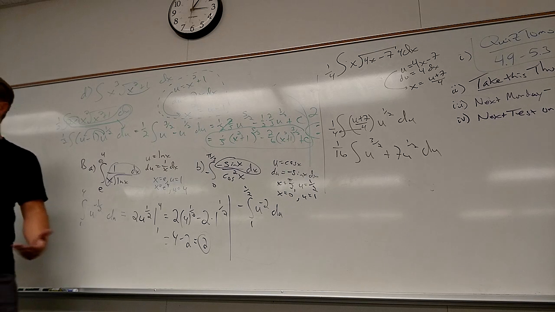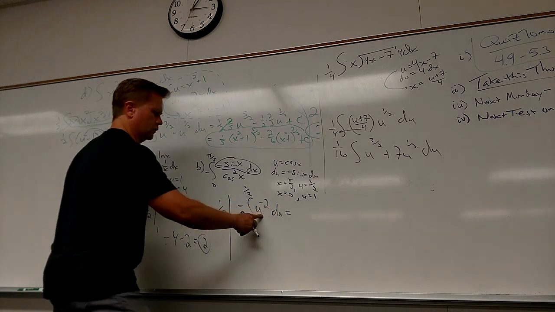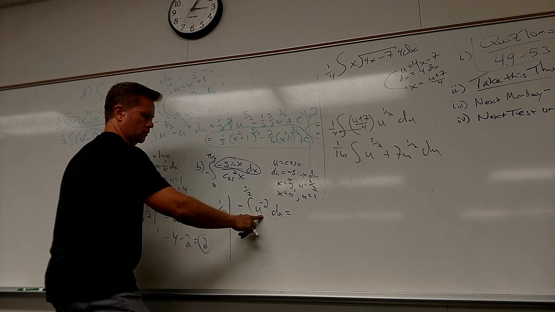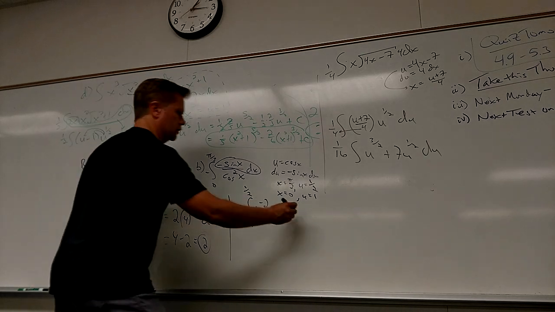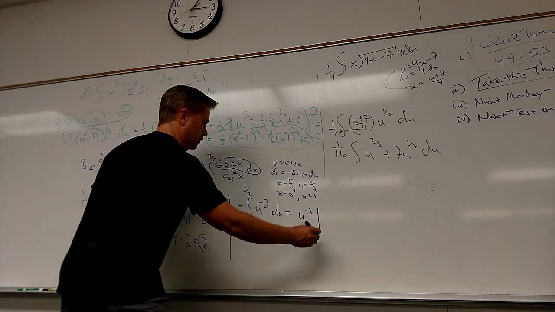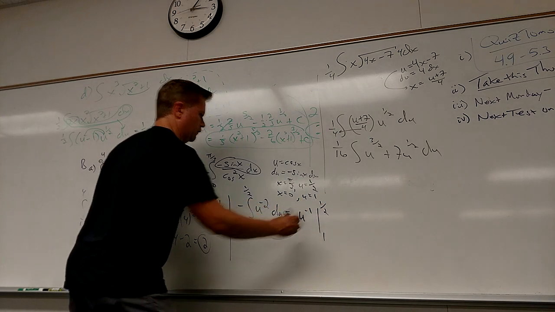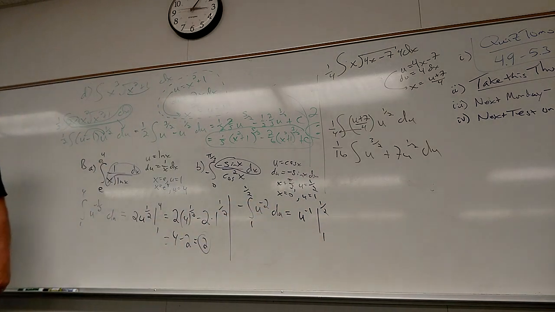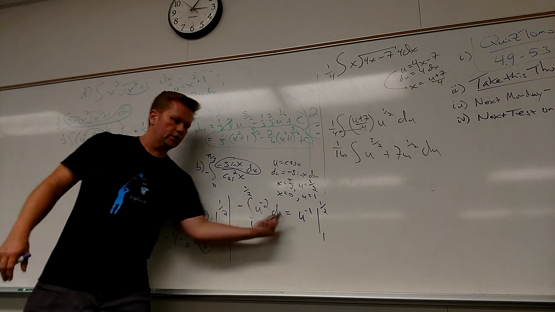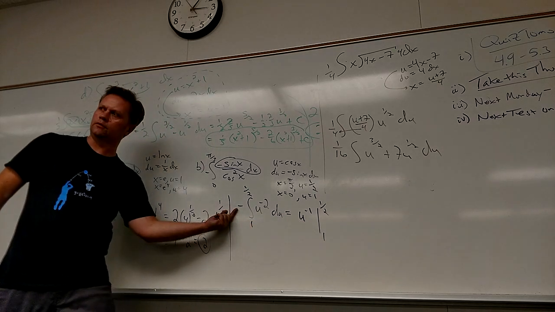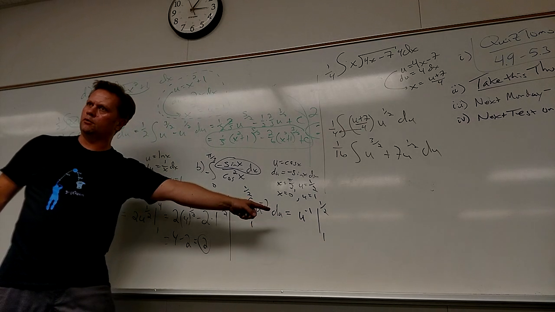Ends up not really mattering that much. What is the integral of u to the negative 2? Negative u to the negative 1, right? So the negatives cancel. You get u to the negative 1 evaluated from 1 to 1/2. Is that cool? The integral of this is negative u to the negative 1, so that cancels with that negative. That's why the negatives went away.